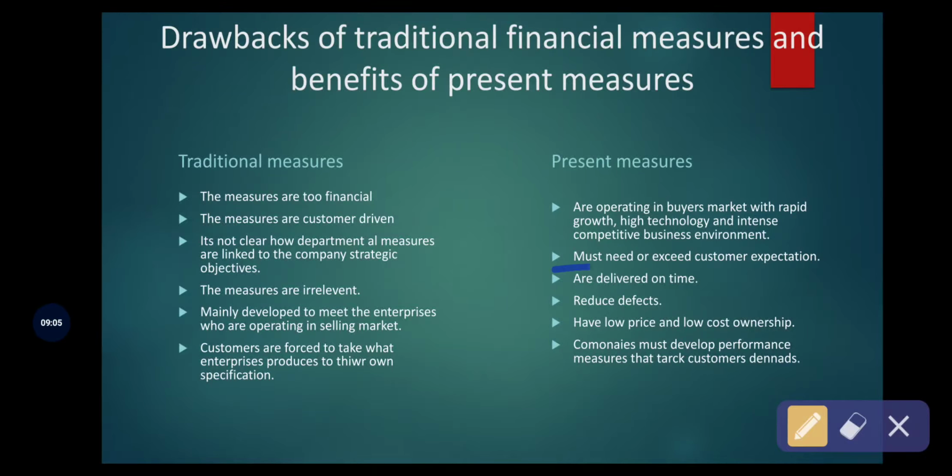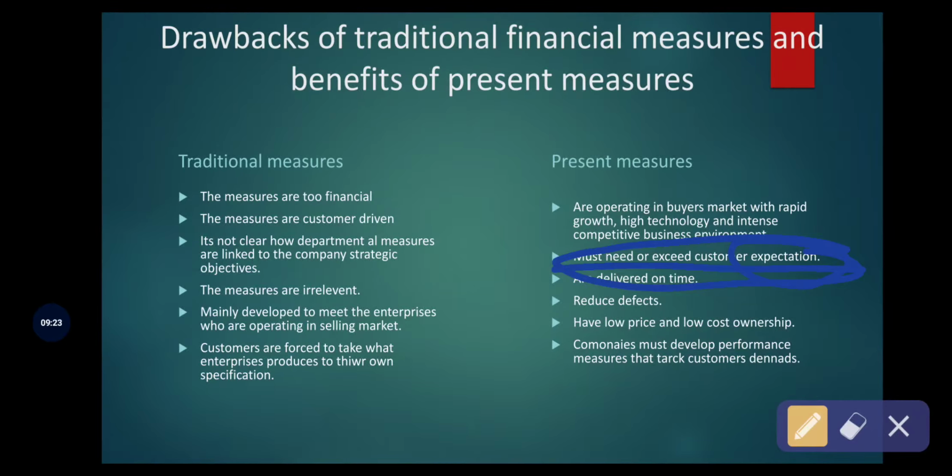Here their objective is to meet or to exceed the customer's expectation. The minimum is to meet whatever expectations the customer has, or the best is to go beyond the expectations of the customers, to bring more quality goods, the best products.